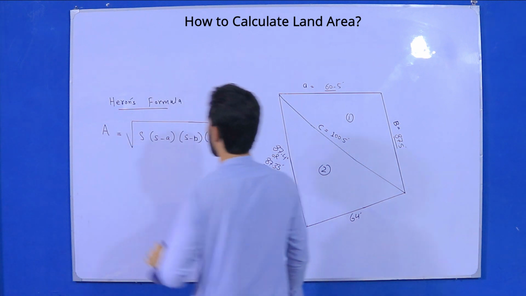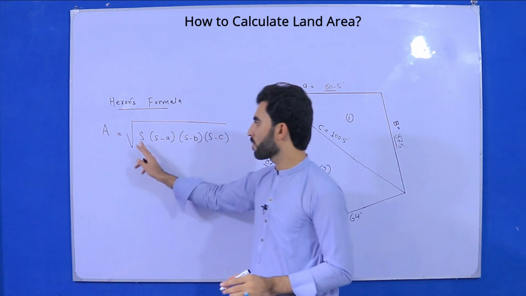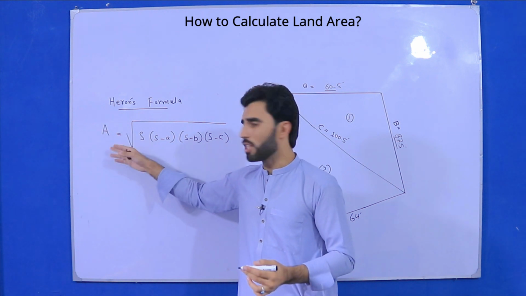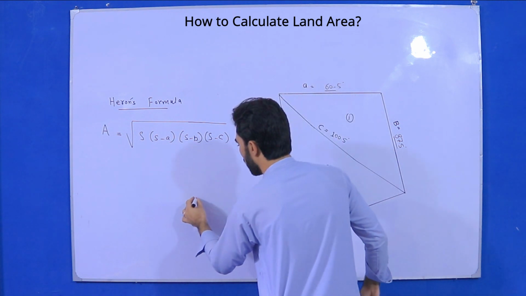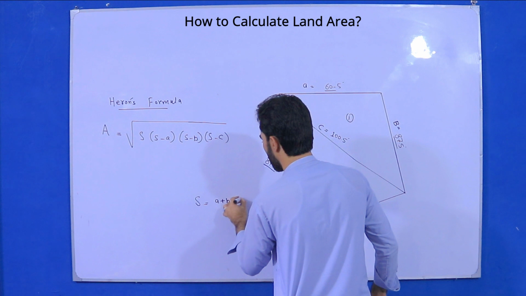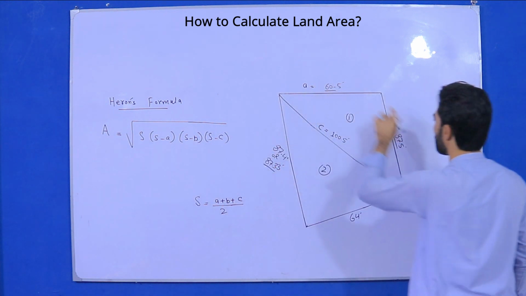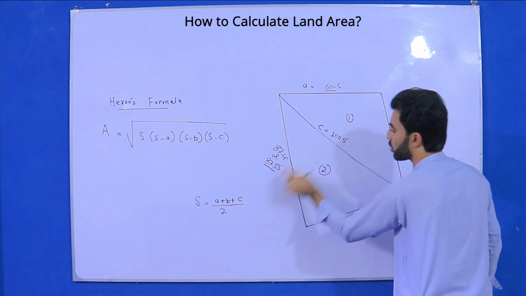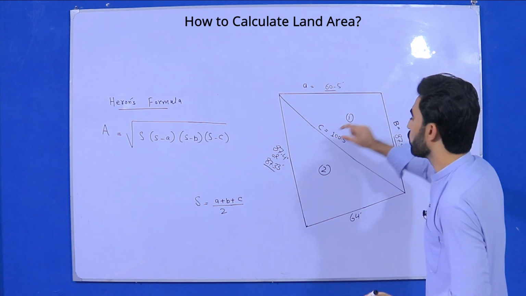Now what is S? S is (A plus B plus C) divided by 2, where A is this one, B is this one, and C is this one. For example, I need to find the value of S.